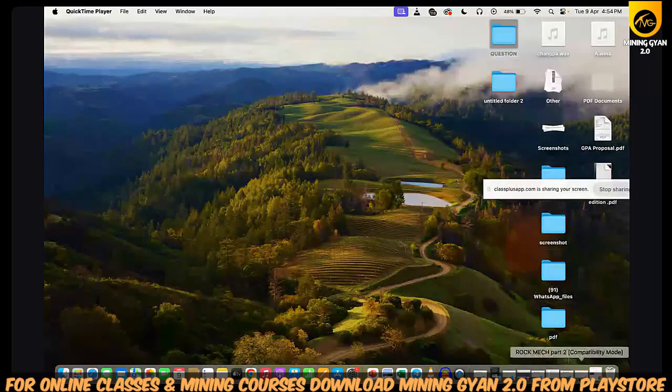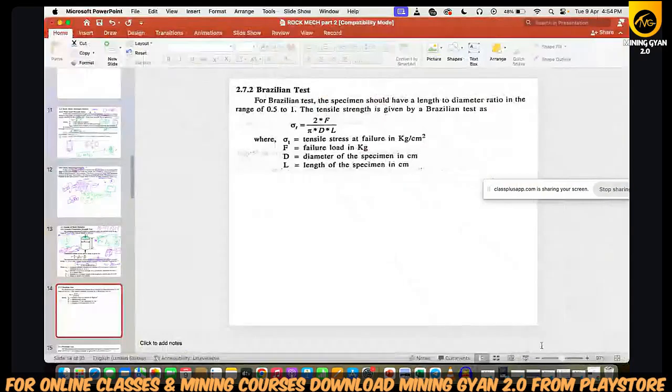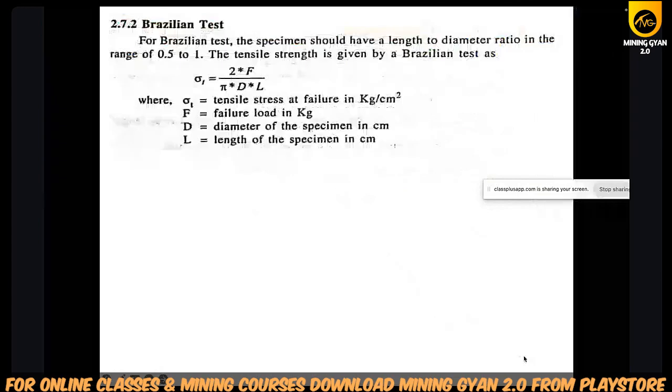And now, coming back. For your numerical, you just need this formula. Please remember this formula.